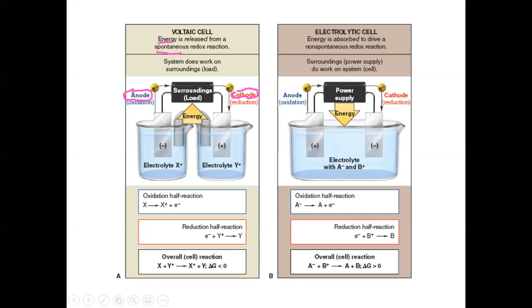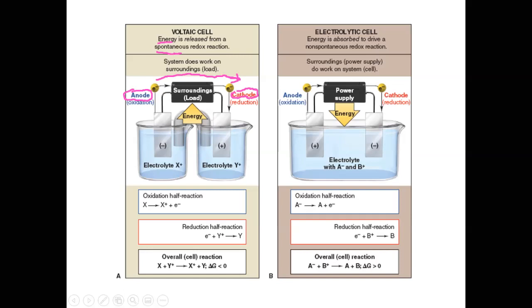So the electrons flow from the anode to the cathode. So we have oxidation at the anode, reduction at the cathode for a voltaic cell. And then we have what's called a salt bridge, which we'll talk about a little bit later, that connects the two cells. This is to help even out the charge of the solution.